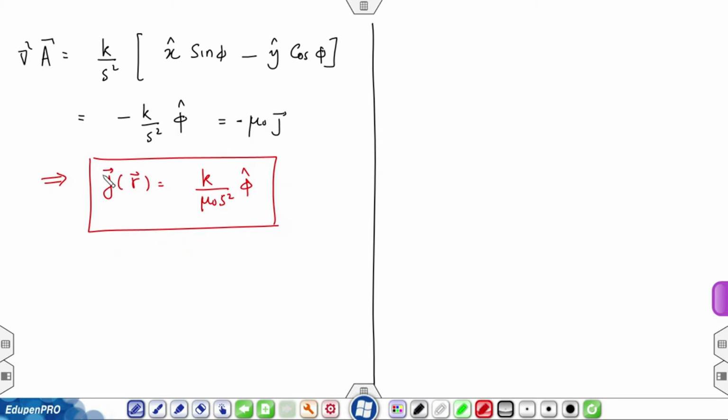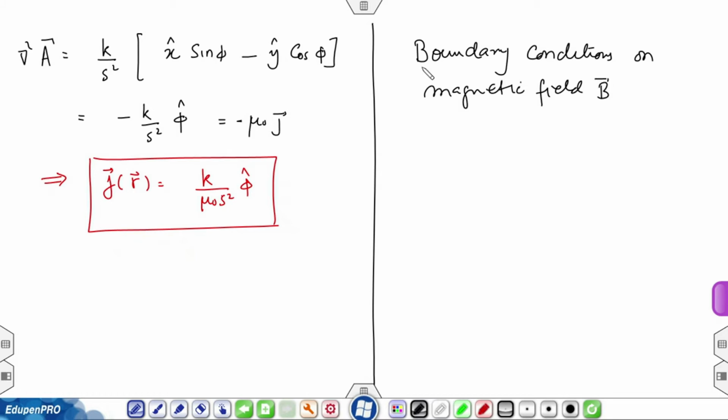So, just to give you a feel for the vector potential, what I am going to discuss next is the boundary conditions on magnetic field B. It is a good time to do it here, because you are getting familiar with the maths involved in magnetic fields, but we will be using it later.